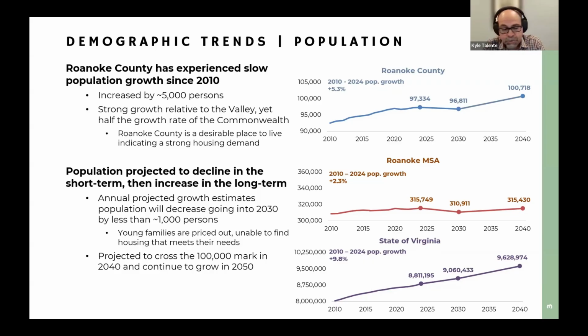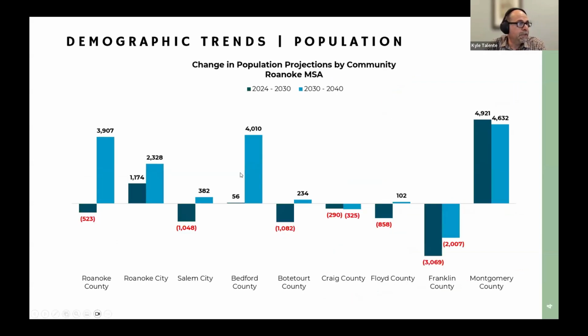Now, some smaller households like having a lot of bedrooms. I know my in-laws like having a bigger house because when we come to visit, the grandkids get to stay with them. But the point I'm making is that there's a demand for smaller housing units too. And that is something that has been trending upward and is projected to continue into the future.